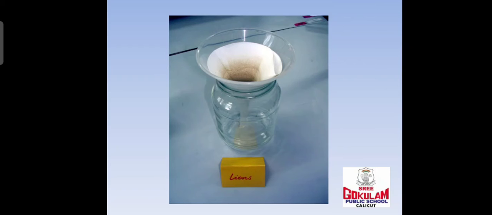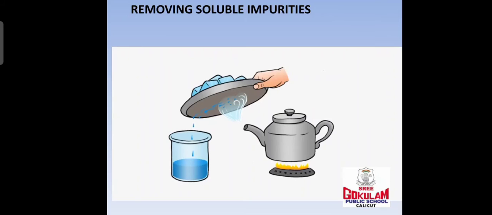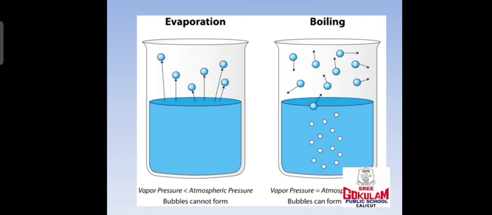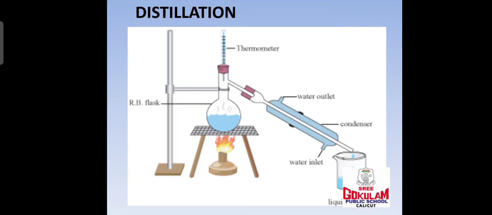It is also called distillation. How can we remove the soluble impurities from water? By evaporation followed by condensation, and this is called distillation.